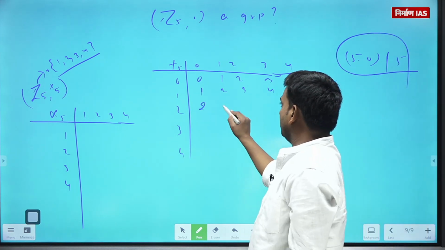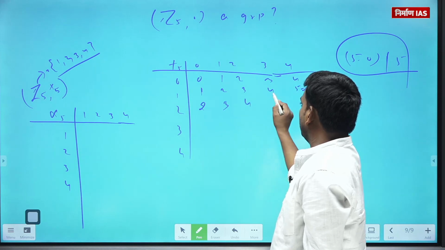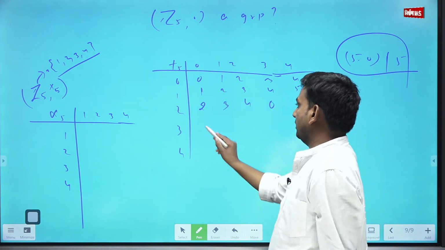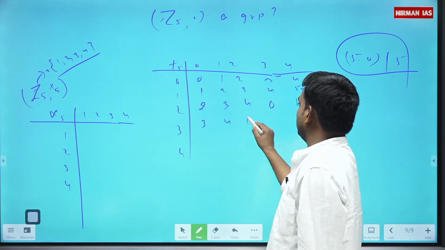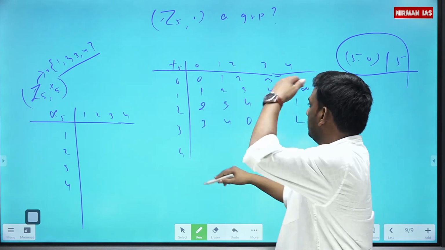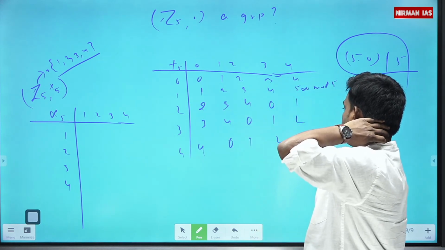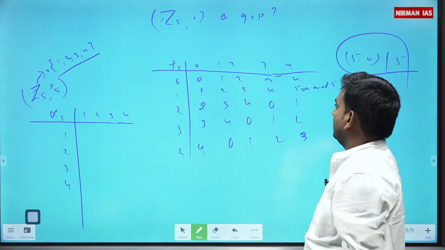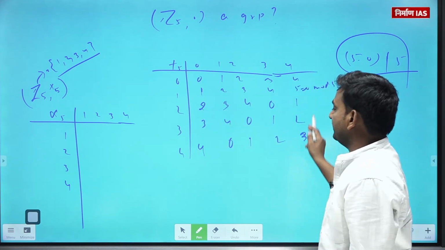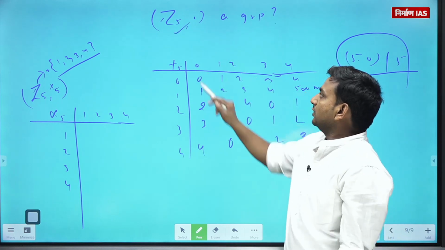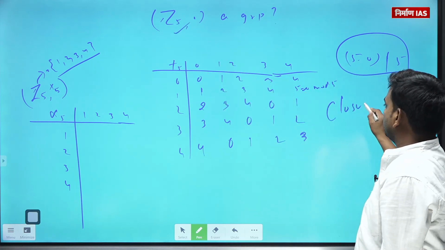So 2 plus 0, 3, 4, 5, 6. 6 again in modulo 5 is 1. 3, 4, 0, 1, 2. 4, 0, 1, 2, 3. So again, this whole composition table comprises only the elements of Z5. So this is closure.